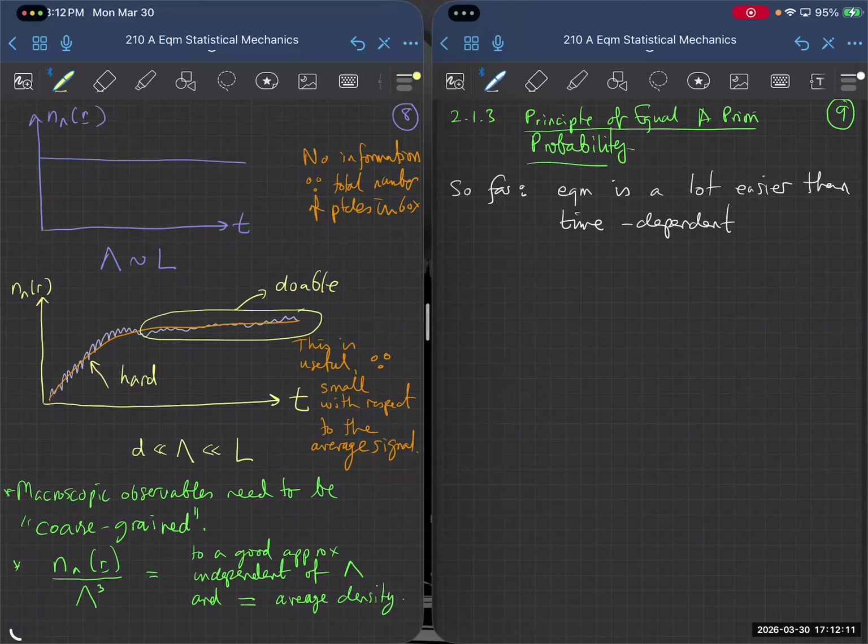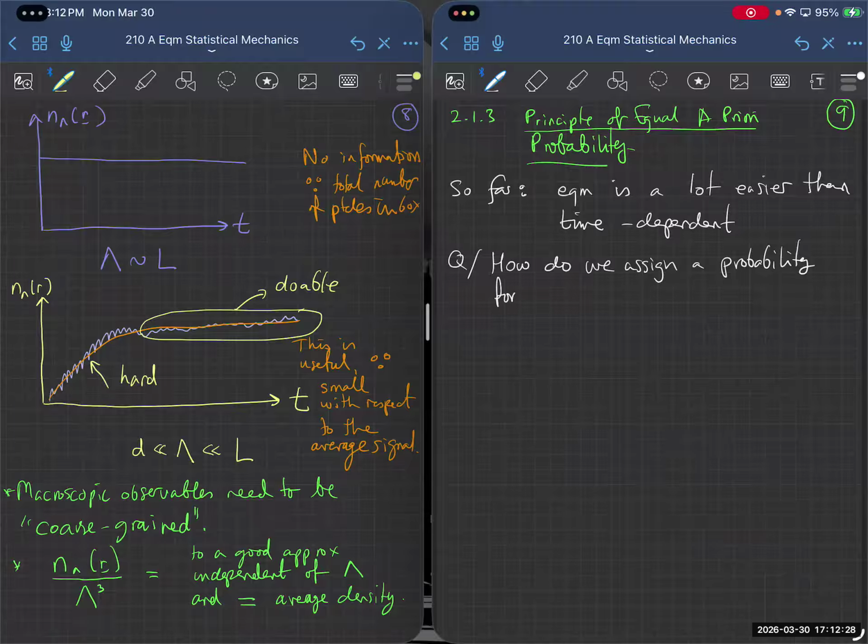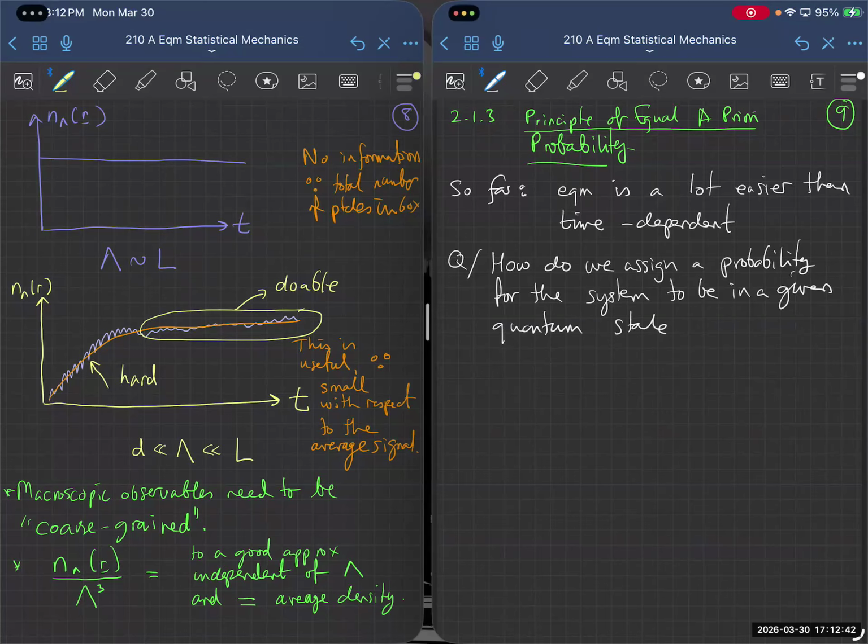And so now the question that we have remaining is, how do we assign a probability for the system to be in a given quantum state? And I'm just going to write it like that, and that is all the quantum numbers.